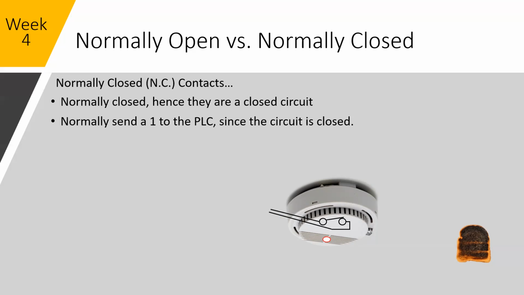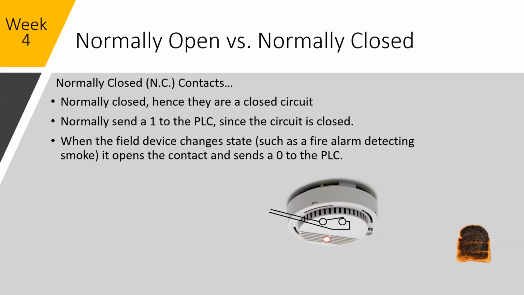So for this smoke alarm, when the signal changes state or there's a disconnect in the wire somewhere, we would get an alarm, or the status would indicate. So a 0 state would be an alarm. Does that make sense?